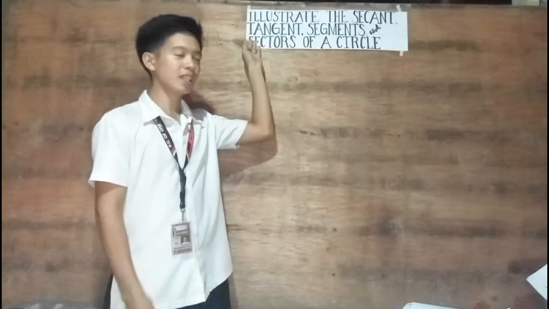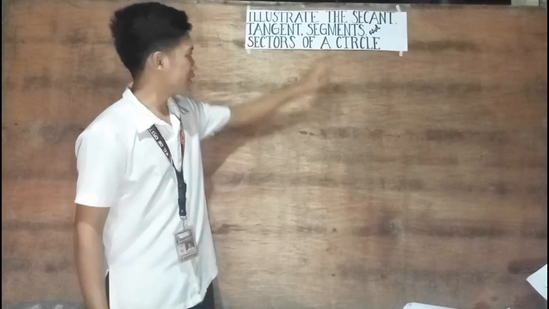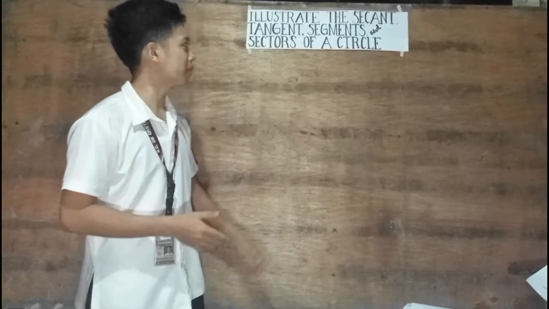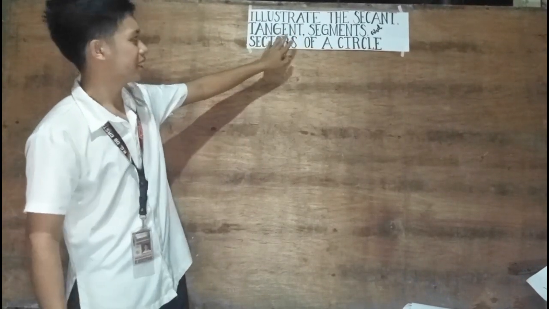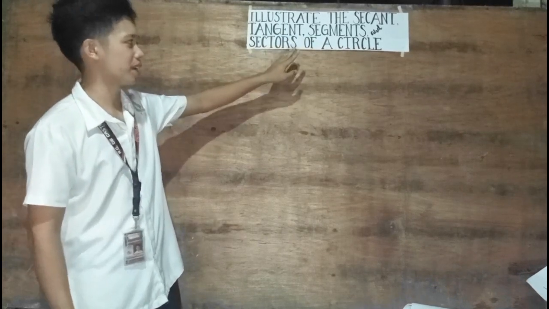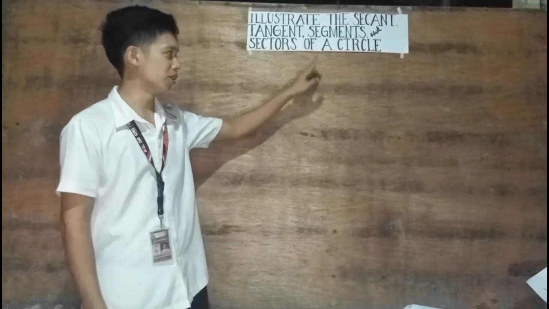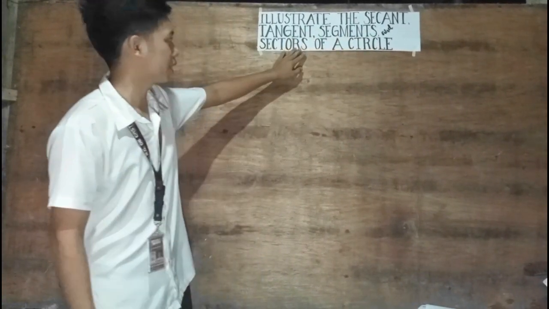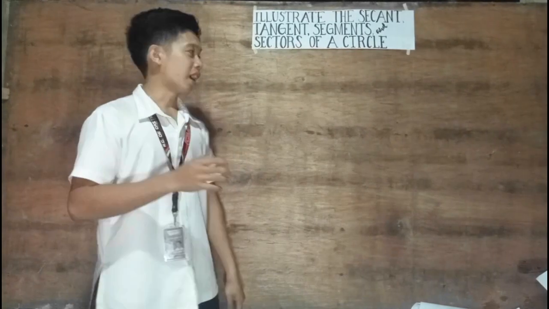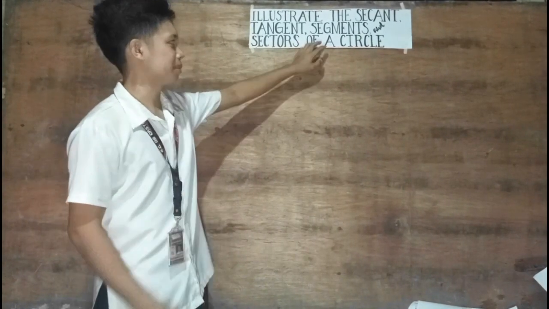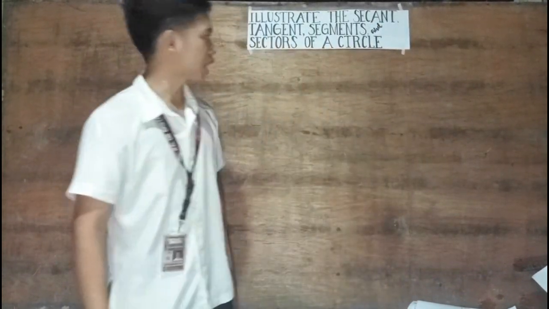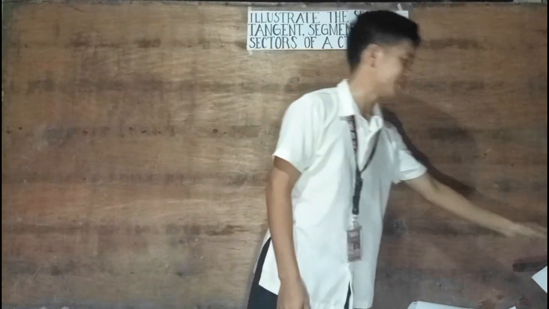In this lesson, you will be able to define the secant, tangent, segment, and sectors of a circle. You can also distinguish the differences of these four and appreciate the importance and significance in a real life situation. So, before we start our new topic, let's have another activity.